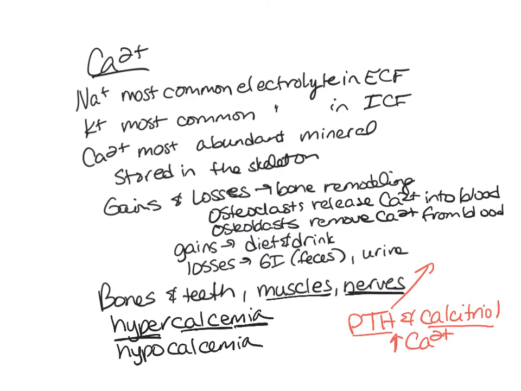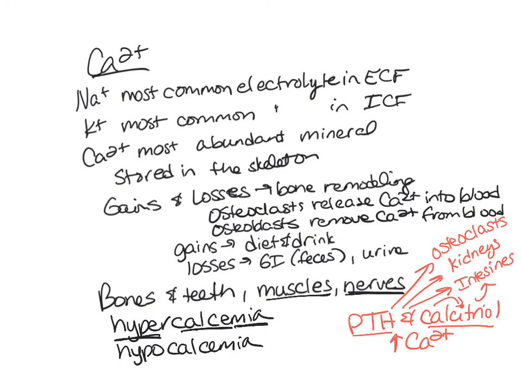PTH causes the osteoclasts to release calcium into the blood. It causes the kidneys to retain calcium, and it causes the digestive tract, so the intestines, to absorb the calcium from your diet. And it does that by stimulating calcitriol.